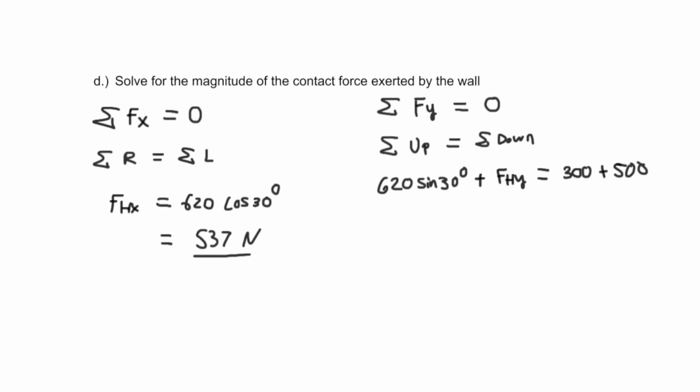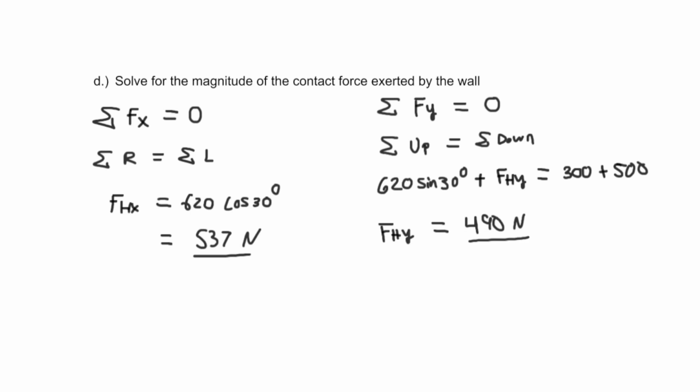And 620 sine 30, that's actually a decent number. So that actually works out. If I ended up getting a negative answer instead, that would mean I just got my directions wrong. But this is going to be 490 newtons. So if you got a negative, it just means you picked the direction of the force wrong.